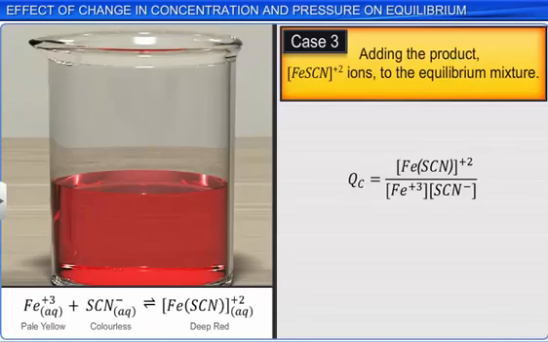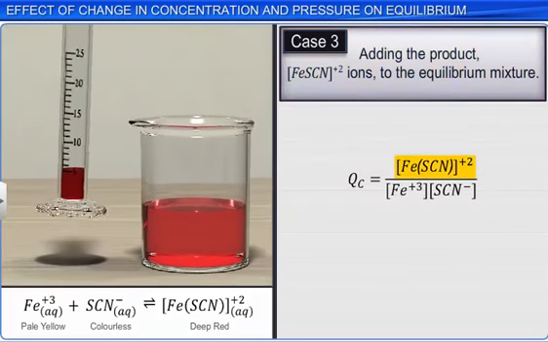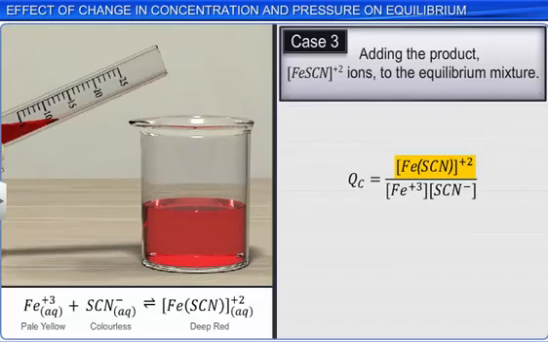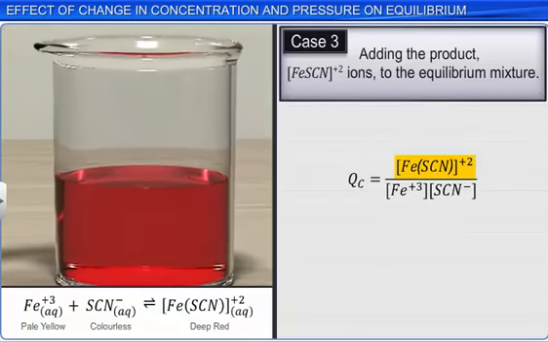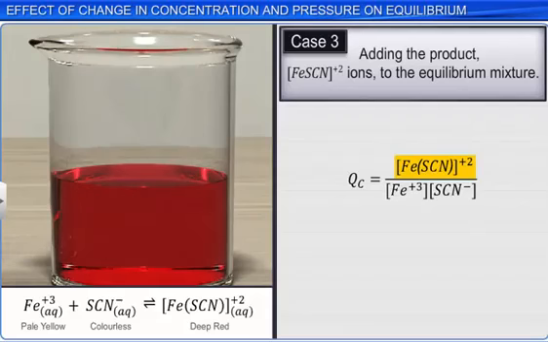Case 3. Adding the product FeSCN+2 complex ions to the equilibrium mixture. On adding FeSCN+2 complex ions to the reaction mixture, the value of the numerator increases in the expression for reaction quotient.